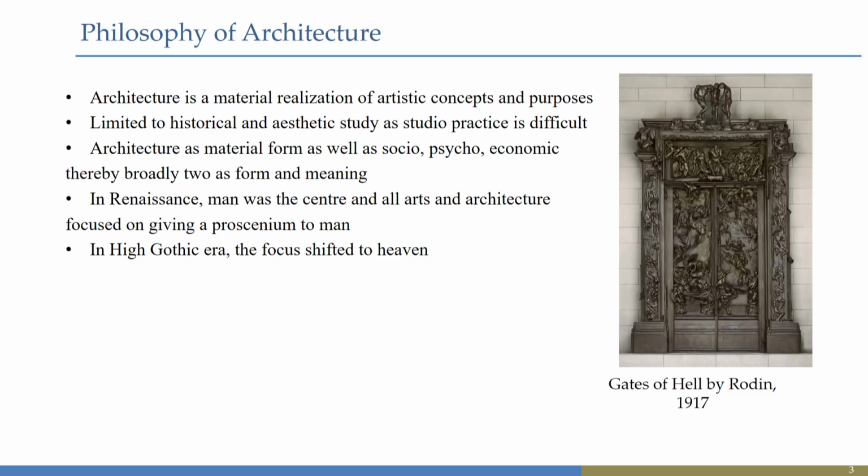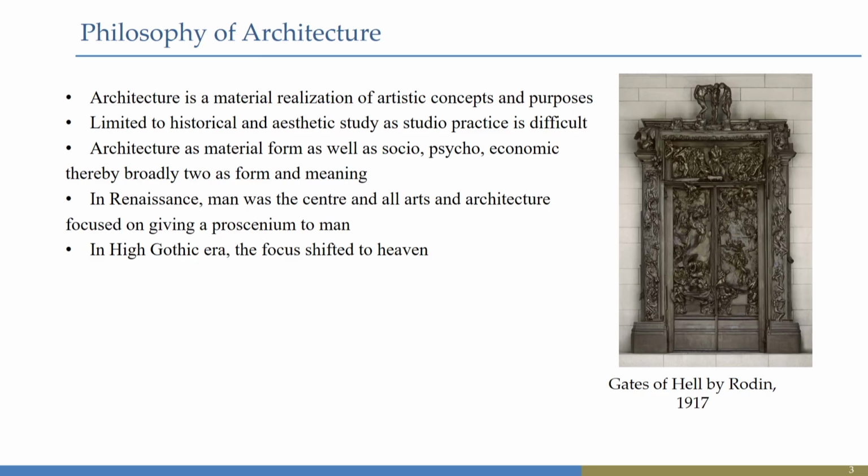So, this is how we look at architecture as an art, and now art itself has changed over a period of time. One of the most important periods in human history is the period of the Renaissance. We know some figures of the Renaissance like Leonardo da Vinci, whom we studied in the previous lecture.